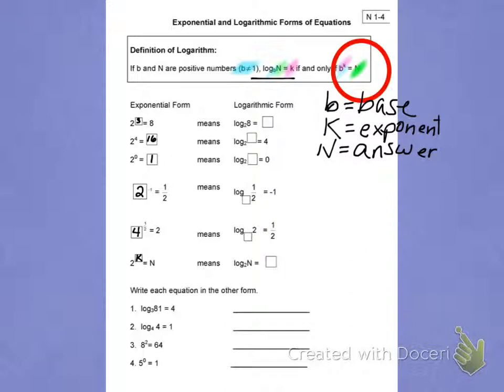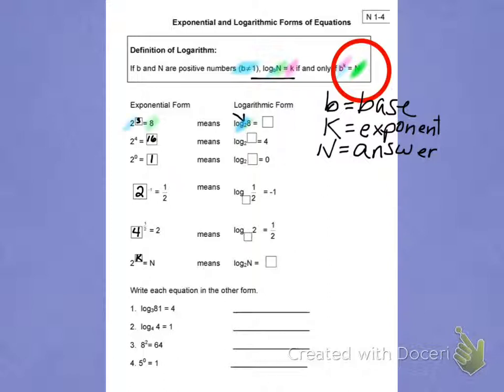So b, your base in exponential form, is down here in the log form. The answer we had in green, that's the 8, and so that's there in exponential form. The base was in blue, so we'll switch over to blue. The base was this 2 in blue.